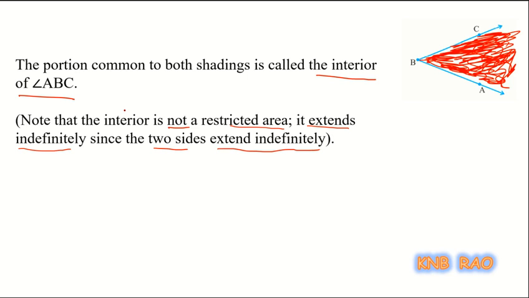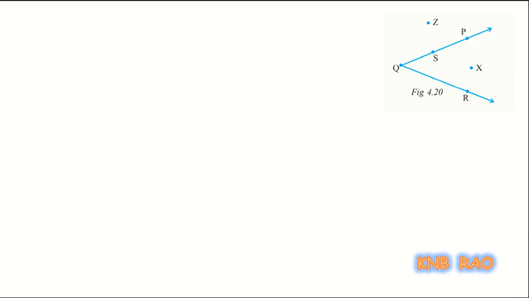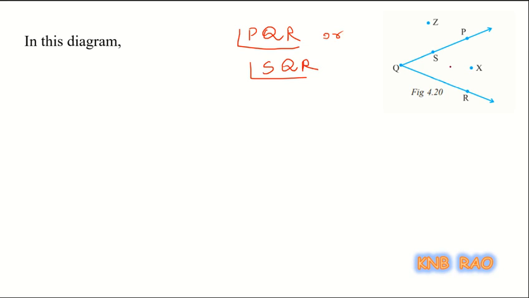Then let us come to another important concept, along with the interior. In this diagram you could see some letters. What is the name of this angle? It is angle PQR, or I can say even angle SQR also, because S is also on ray QP, isn't it?